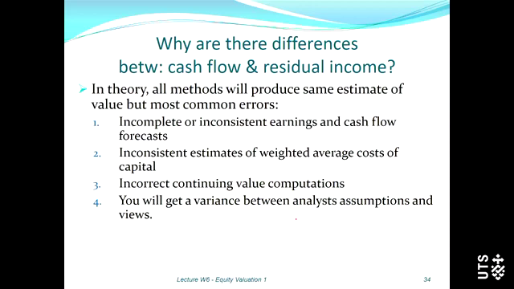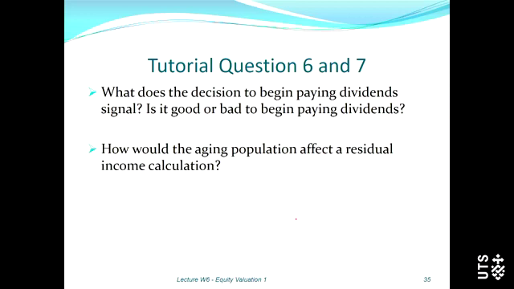And those errors could be that you are not having consistent estimates of the weighted average cost of capital, that you're not consistently managing cash flows and earnings, or that the computation of the continuing value has errors. So if you do that with two different models, just make sure you make those checks.